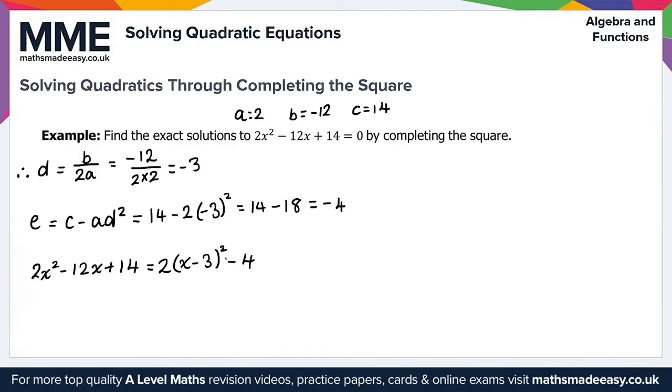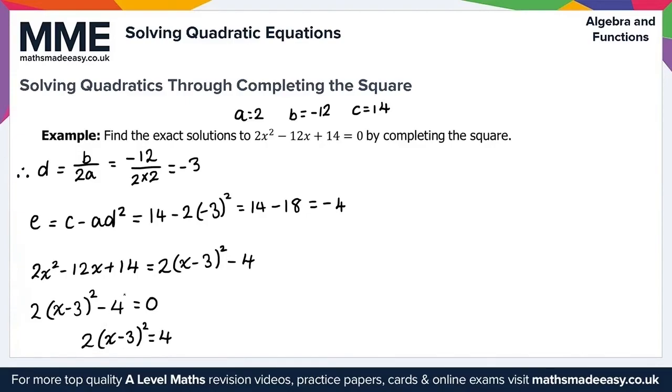So all we need to do now is put this expression here on the right hand side equal to 0 and solve for x. So therefore 2 lots of x minus 3 all squared minus 4 equals 0. Well, the first thing I can do here is add 4 to both sides of this equation. So we obtain 2 lots of x minus 3 all squared equals 4.